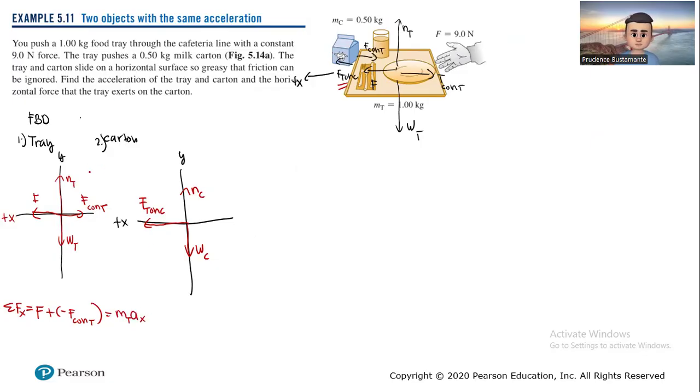So both are now accelerating at the same acceleration. For the Y, I don't know if we're gonna use this Y. Normal force of the tray plus the negative weight of the tray is equal to 0. So Y is 0 because it's not accelerating on Y.